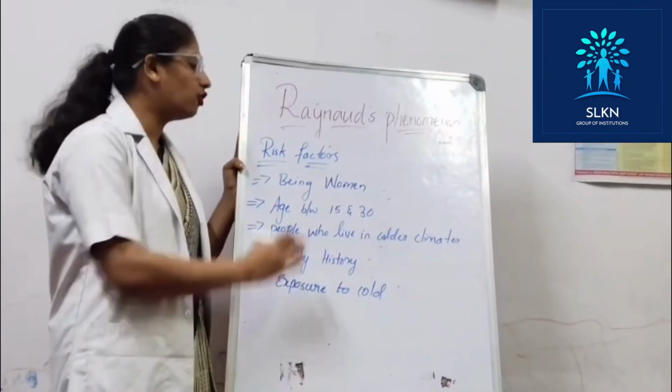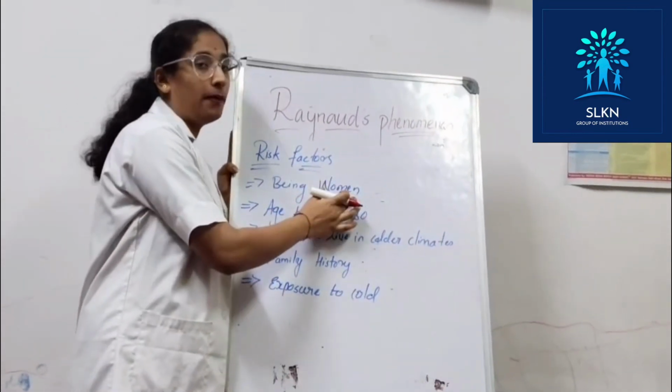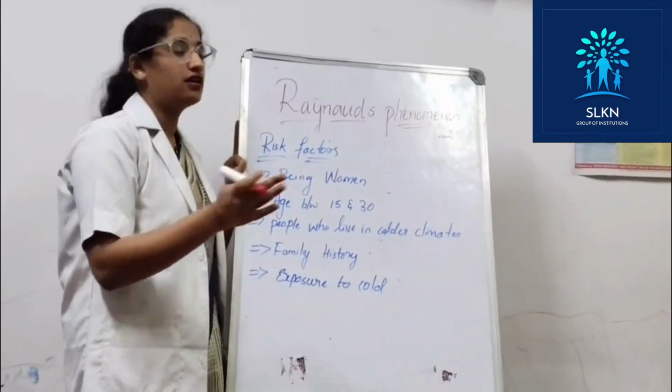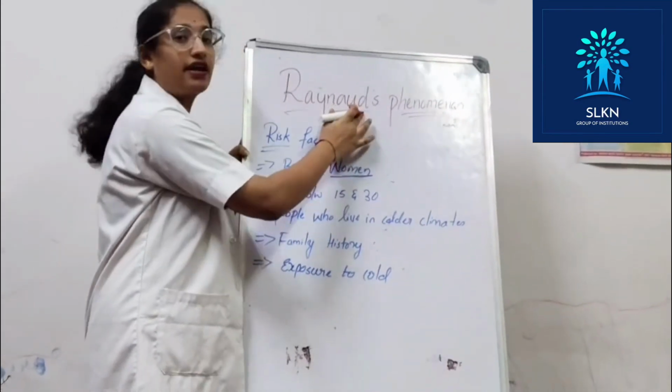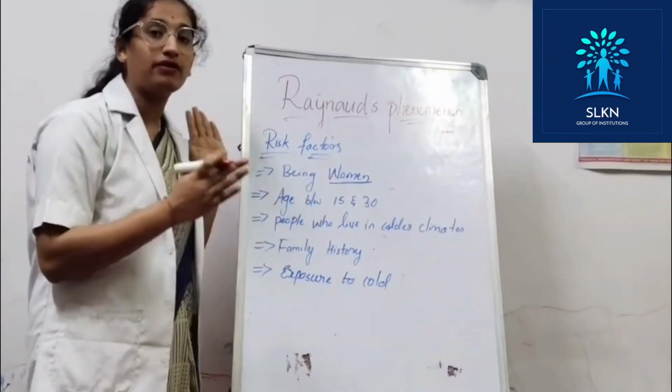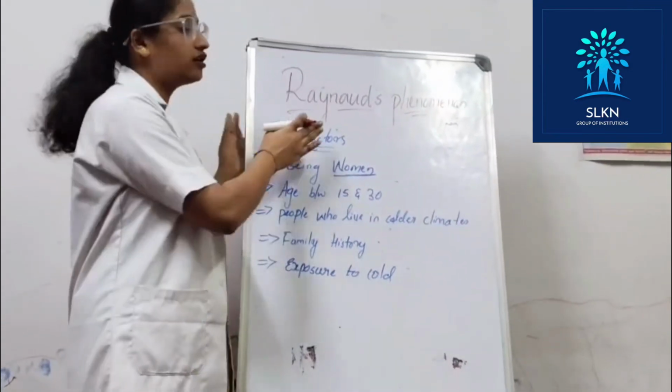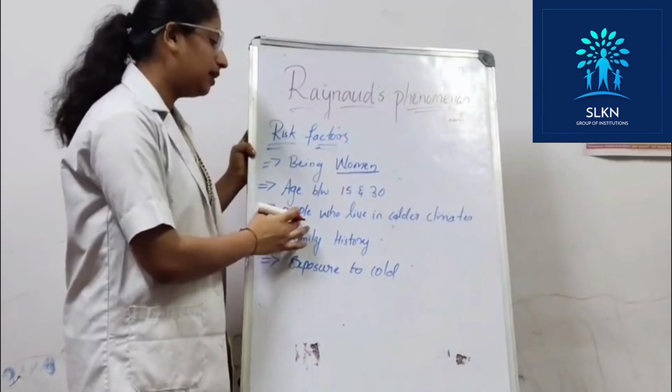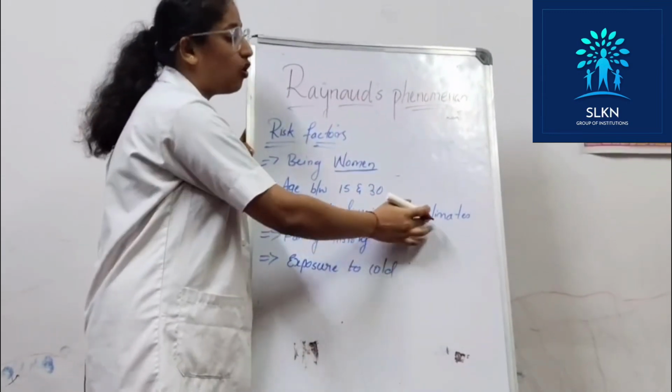Now we will discuss the risk factors. Being a woman, as women are affected more than men by Raynaud's phenomenon. Age between 15 and 30 years. People who live in colder climates.